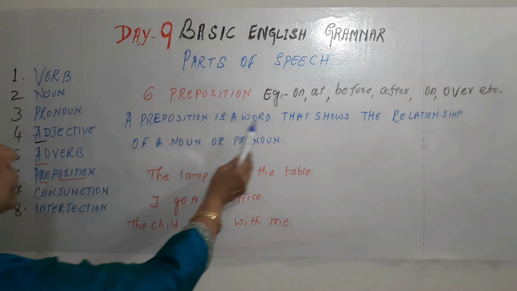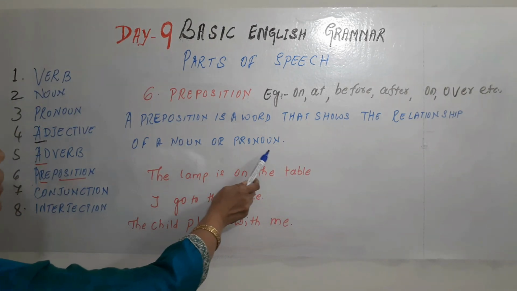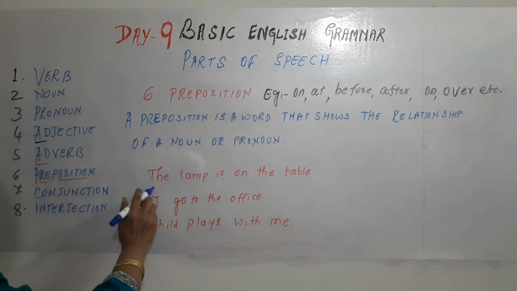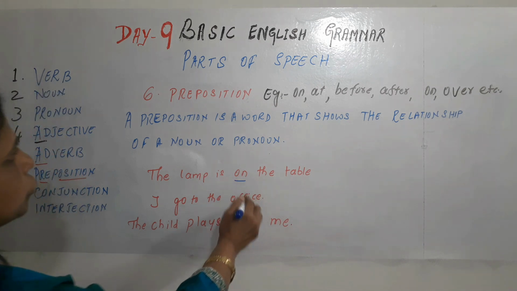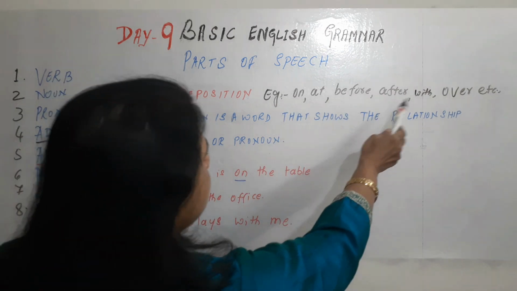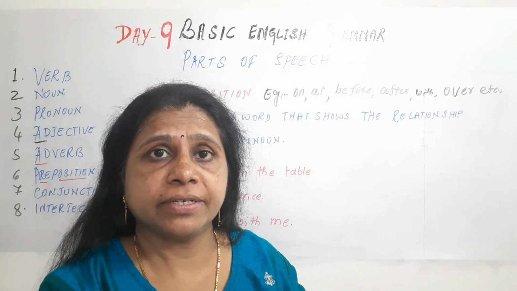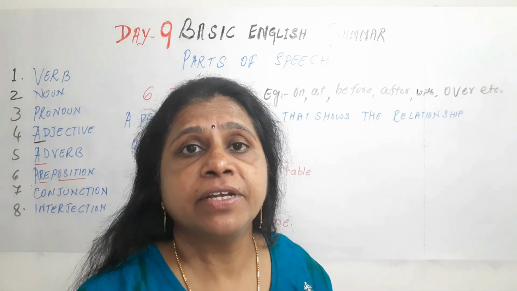A preposition is a word that shows the relationship of a noun or a pronoun with another word. For example, the lamp is on the table. On the table. So here, on, at, before, after, with, over, etc. When we see this topic in detail, then we'll look at each and every word.